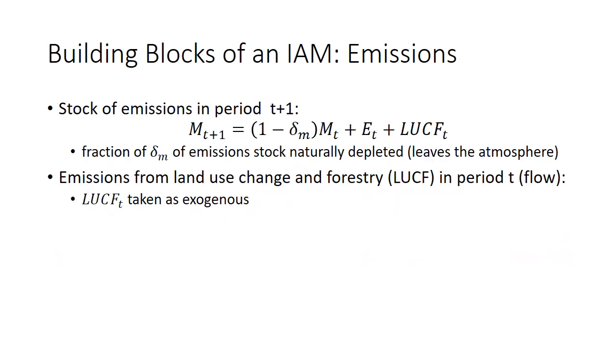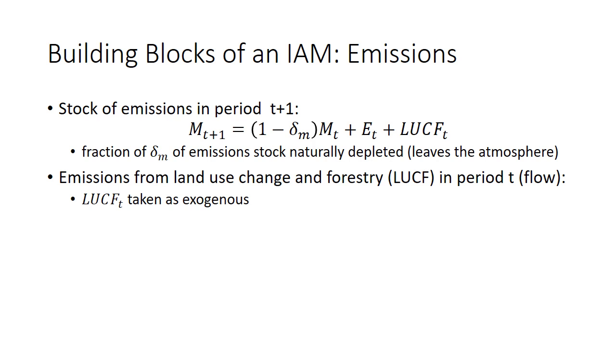So the previous slide was the flow of emissions, what we're putting into the atmosphere every period. Now we have to talk about the stock of emissions, what exists in the atmosphere regardless of what we're putting in. So the stock of emissions in period t+1, or tomorrow, is equal to the stock of emissions yesterday. The stock of emissions tomorrow is mt+1.